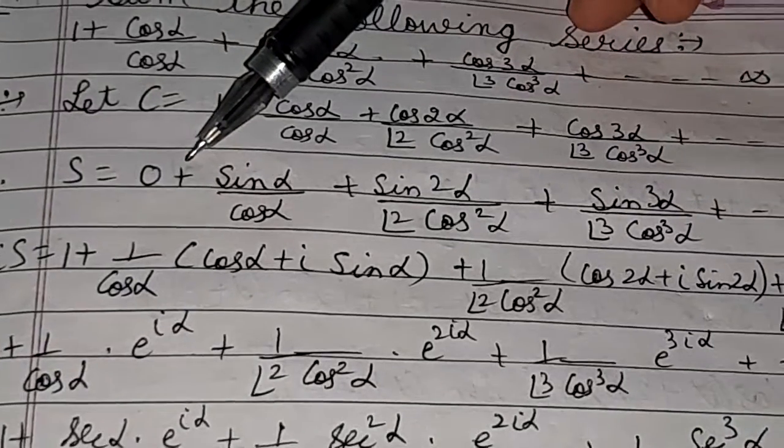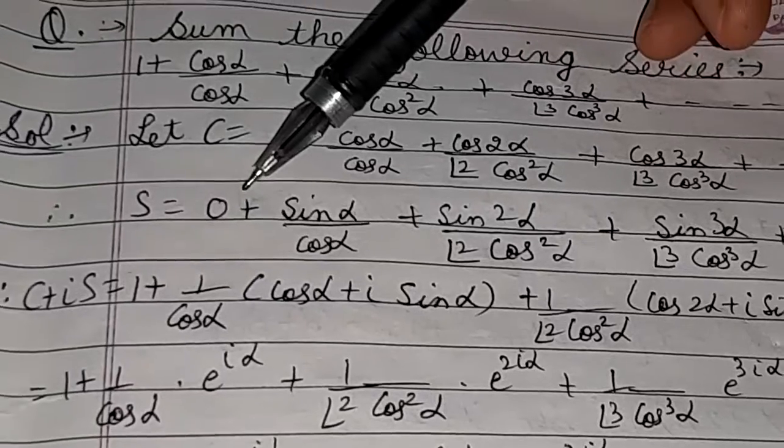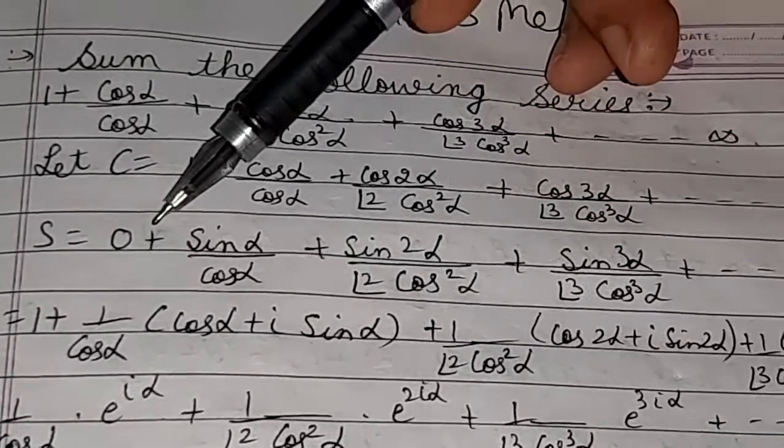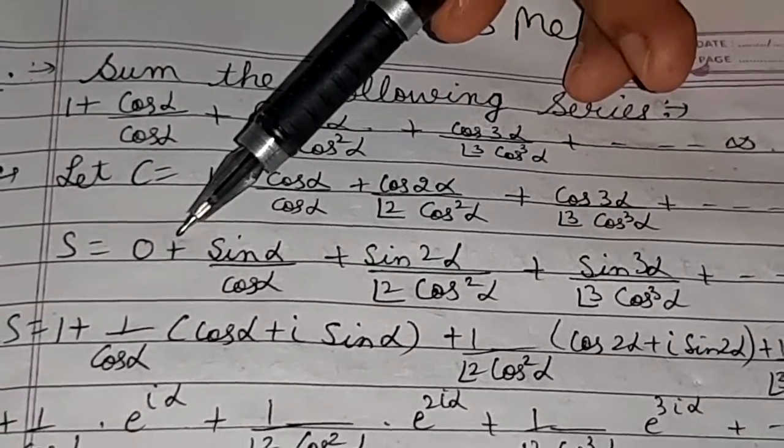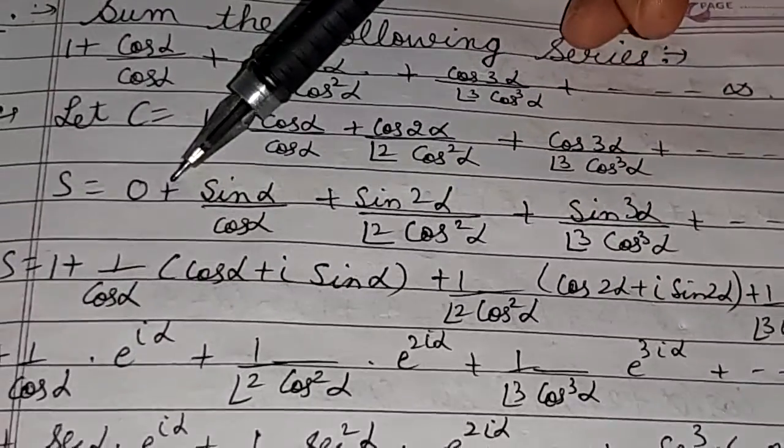In the other terms of the cosine series in which we have multiple angles of cosine, only those terms will be changed to sine terms, not the power terms.